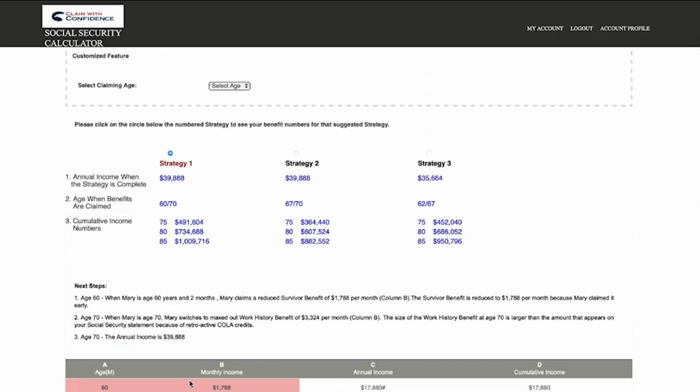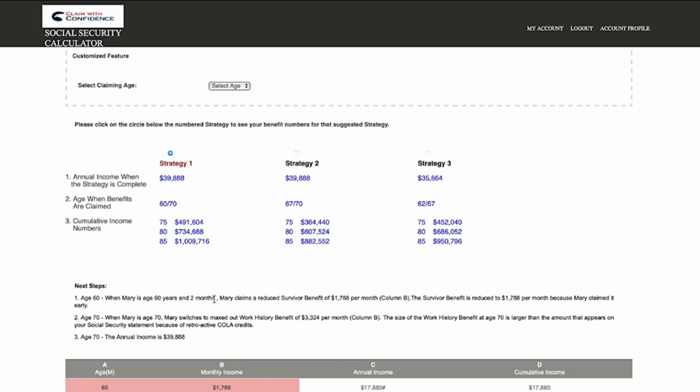Now, the one caveat here, Mary's claiming her reduced survivor benefit when she's 60 years and 2 months. The one caveat would be if Mary continues to work, because if she continues to work and claims her benefit prior to her full retirement age, which is what she's doing here at 60 years and 2 months old, she would be subjected to the earnings test.